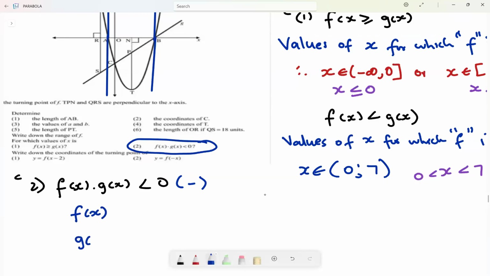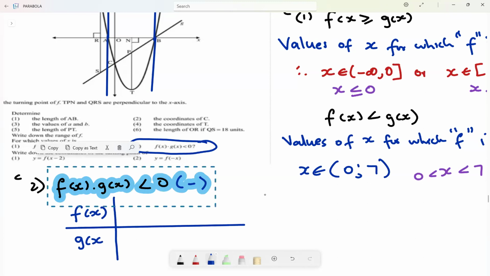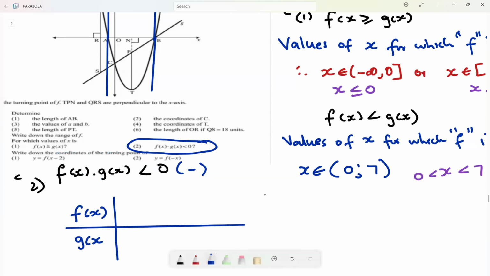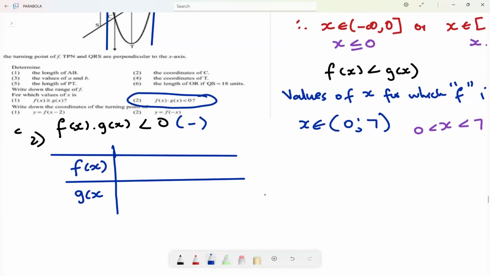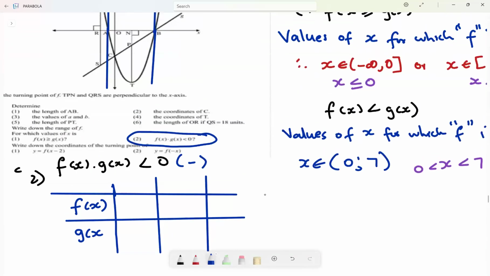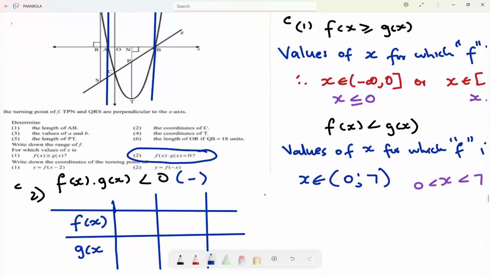This will be g of x. I want you to check the signs between this interval.